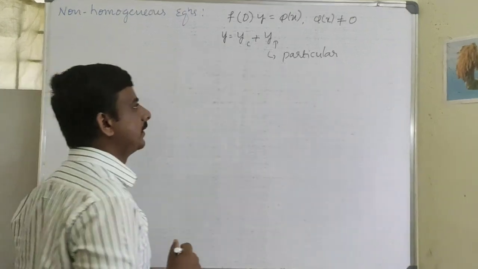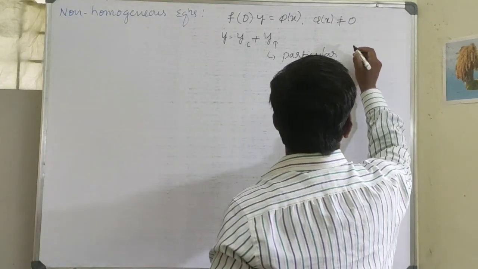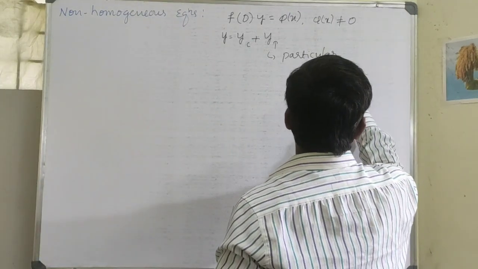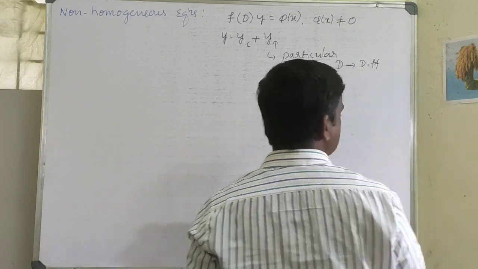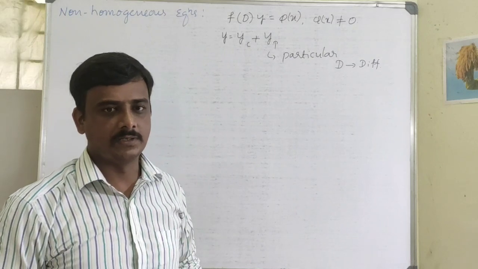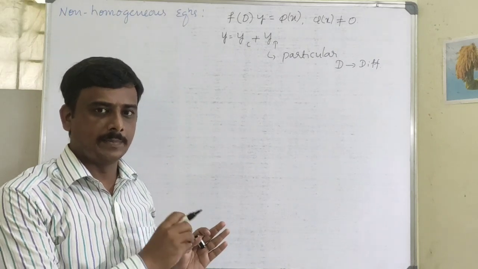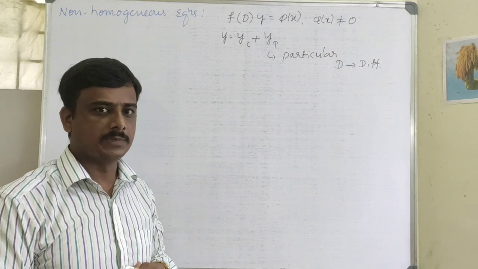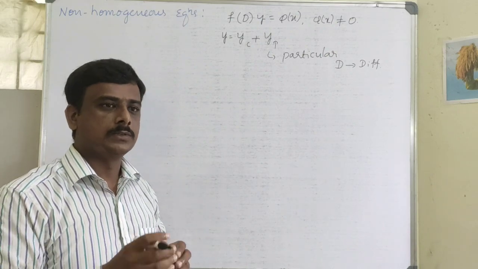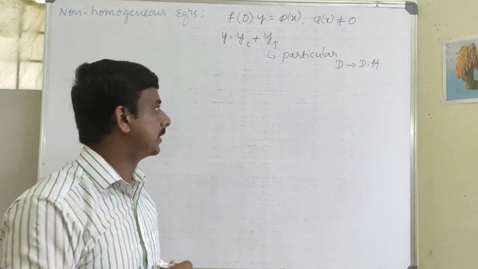One more thing we have to recall is, as we said in the previous video, capital D stands for differentiation. If I write capital D, that means we are going to differentiate the corresponding term.